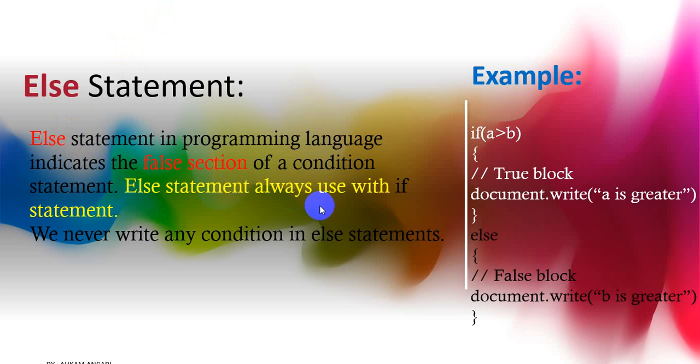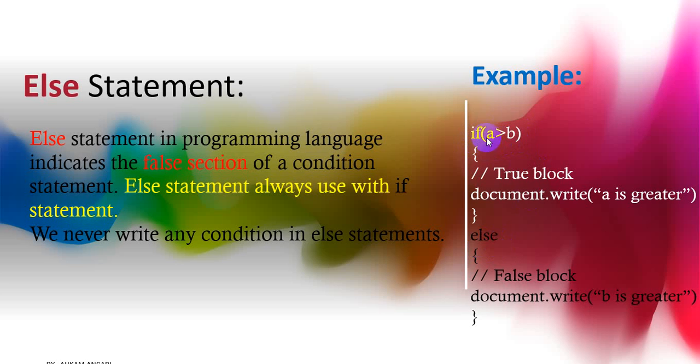False section means, if you switch to this example, we have two sections. One section I have given as the if section, and the second section is the else section. In the first section I have if, after that a condition where a is the name of a variable in which we have stored some value, and b is the name of a variable in which we have stored some value.